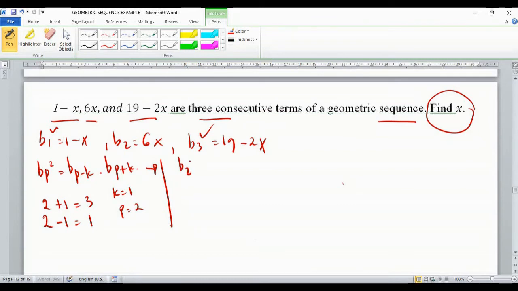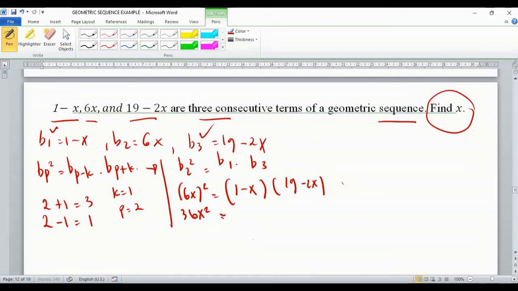Using this formula, b_2 squared equals b_1 times b_3. So (6x) squared equals (1 minus x) times (19 minus 2x). We simplify this to 36x squared equals 19 minus 21x plus 2x squared. Let one side equal 0, so this is 34x squared plus 21x minus 19 equals 0.